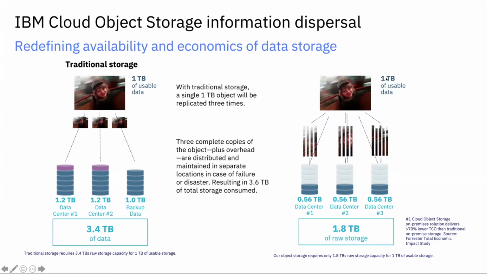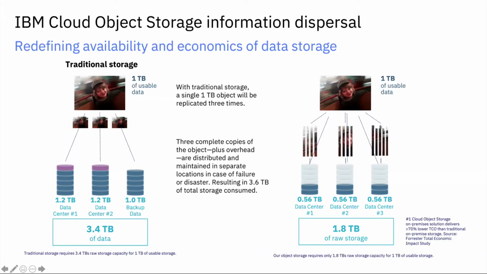And that 1 terabyte file with the storage overhead is now only taking up 1.8 terabytes of raw storage. However, the data being written over 3 sites, with a 3-site deployment model, you can sustain the loss of any one site and still be fully functional. So you can think of it as a wide area RAID in that manner.